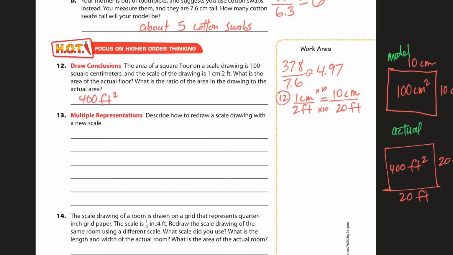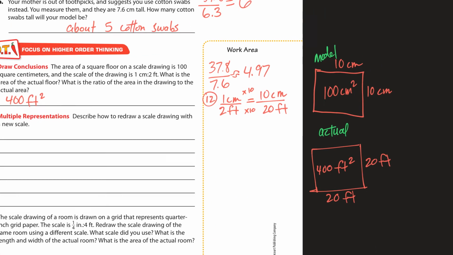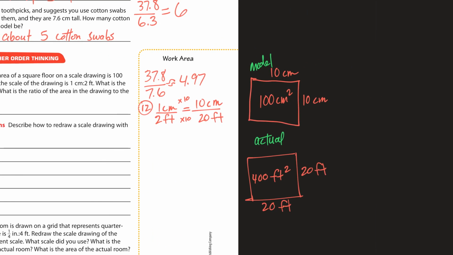And then we were asked, what is the ratio of the area in the drawing to the actual area? Well, the area in the drawing, we're looking at 100 to 400, or 1 to 4.